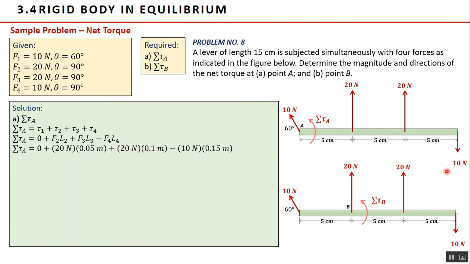Then, this is a negative torque, since the force F4 tends to rotate the lever clockwise, that is negative 10 newtons times its lever arm, 0.15 meter. So pressing all of these in your calculator, the net torque about point A is 1.5 Newton-meter. Since our answer is positive, the lever will rotate counterclockwise if the fulcrum is placed at this point.